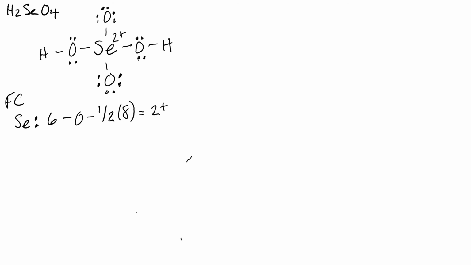And we have two types of bonding arrangements for oxygen. So we have to do oxygen twice. One of those oxygens has 2 bonds and 2 lone pairs. And that oxygen, or those oxygens, have 0 formal charge.